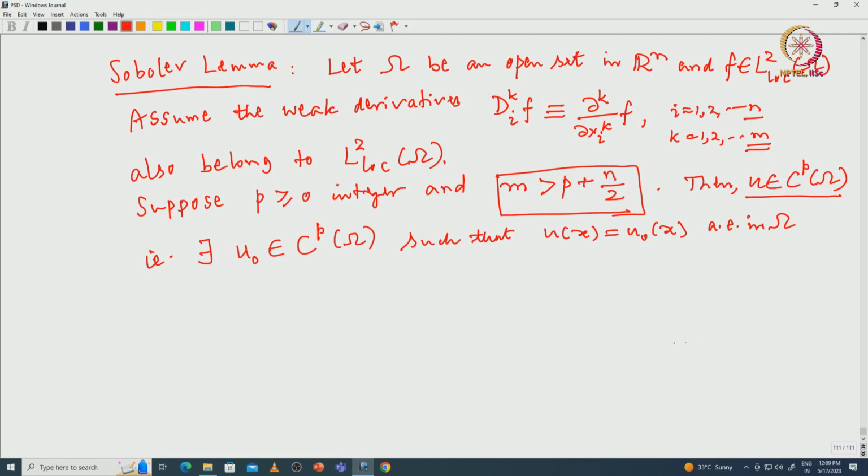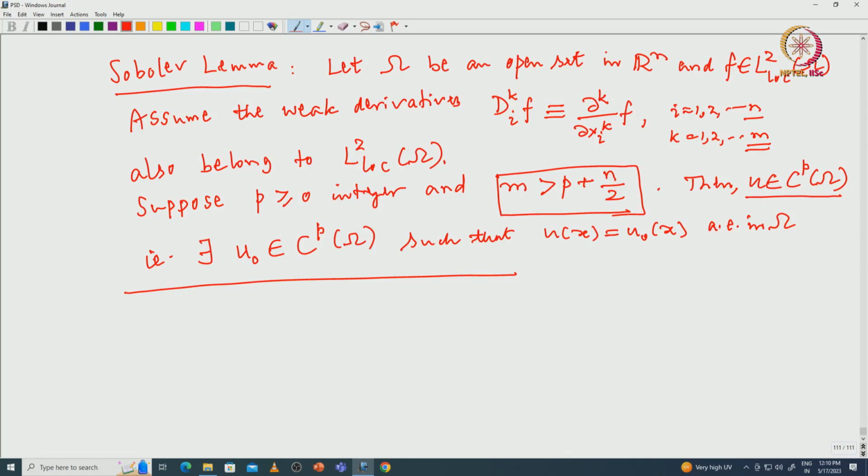This is just a remark before coming to the proof. The proof is not really hard, but uses all the tools of distributions and Fourier transform, etc. So, we will see it is not hard.